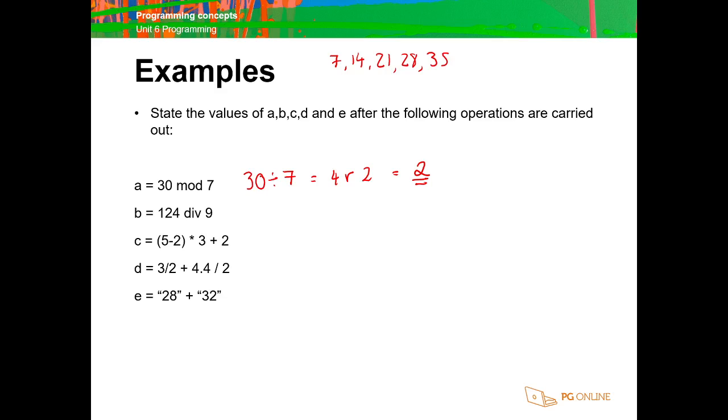Okay, next one, probably the most difficult. 124 div 9. I'll try and do this without using a calculator.